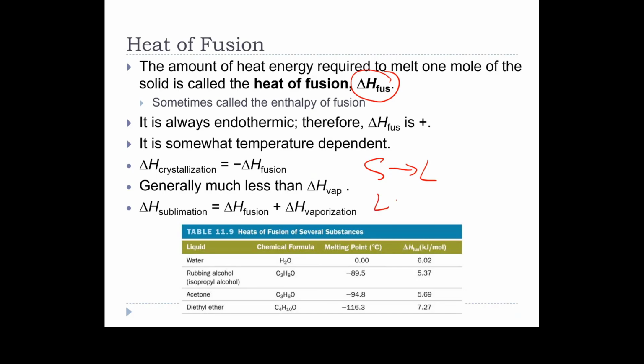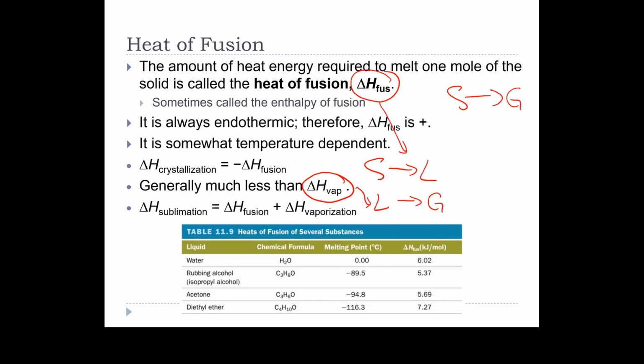If we go from liquid to gas, then this is called the vaporization enthalpy. And if we go from solid to gas, then that would be the sublimation enthalpy. The great thing about enthalpies is that they're what we call state functions. If you had my 105 class, then you probably heard those words before.